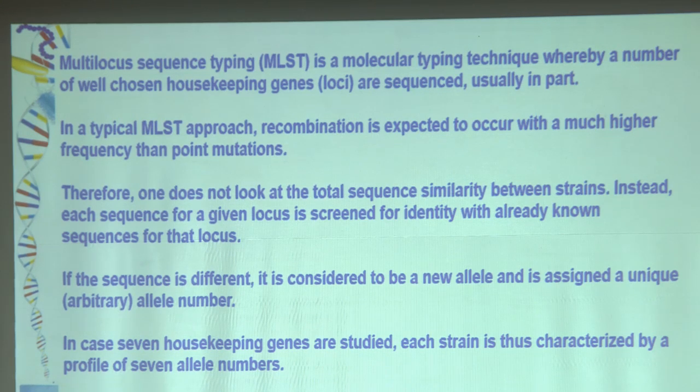That is very, very important. So, in case 7 housekeeping genes are studied, each strain is thus characterized by a profile of 7 allele numbers. You got it? You are going to consider 7 genes or 7 loci, right?